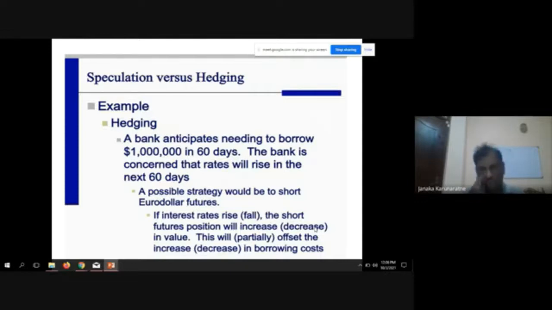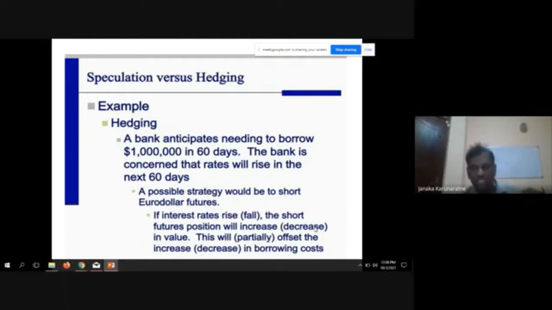What is the loss to you if interest rate goes up to 7% from 6%? 1% of 1 million for 60 days, right? But now you short futures. So futures price will drop, but your position value will increase because you can sell at the agreed futures price. So in the futures market, you make a gain, right? You make a gain.